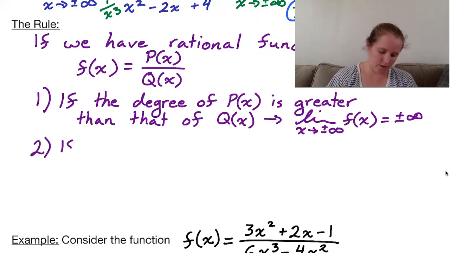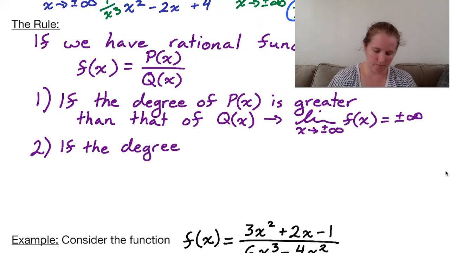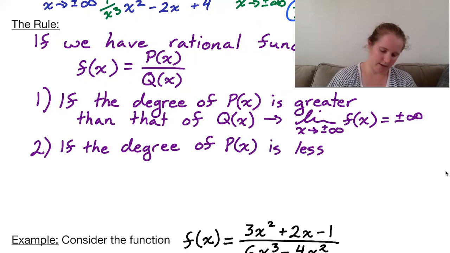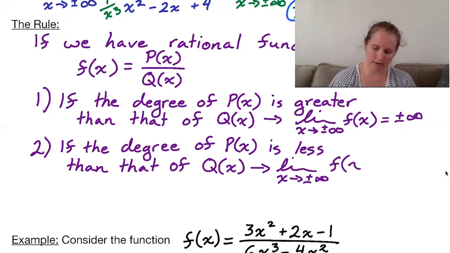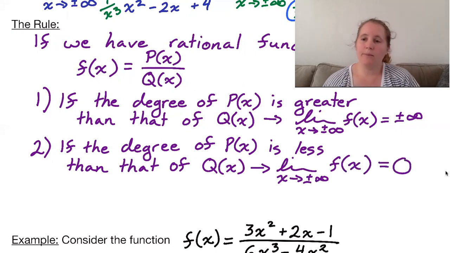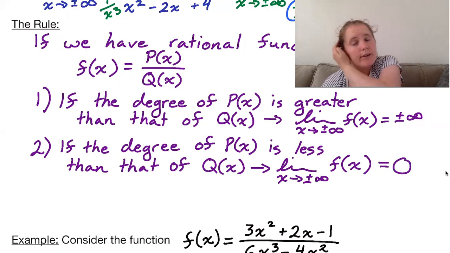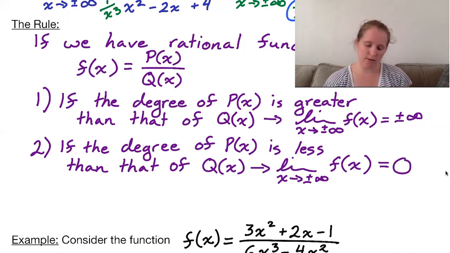Second, if the degree of p of x is less than that of q of x, then the limit as x goes to either plus or minus infinity of f of x is 0. The denominator will go to infinity faster than the numerator, and so we'll head towards 0.